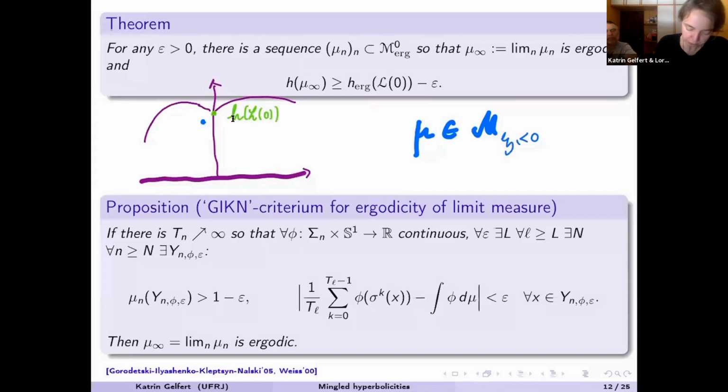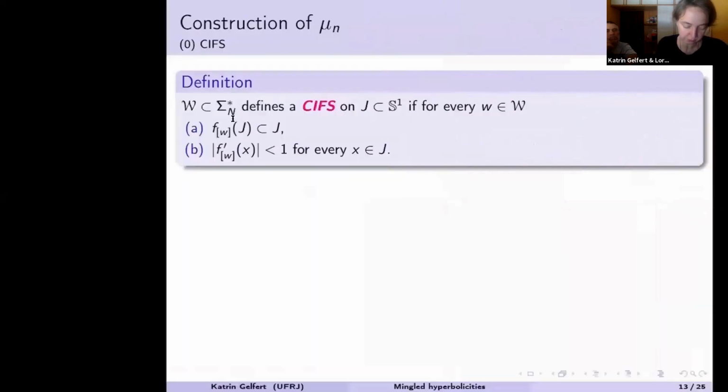And what I'm going to construct is an ergodic measure with entropy close to this initial measure mu. Okay, so let us start from an ergodic measure of contracting type with negative Lyapunov exponent.